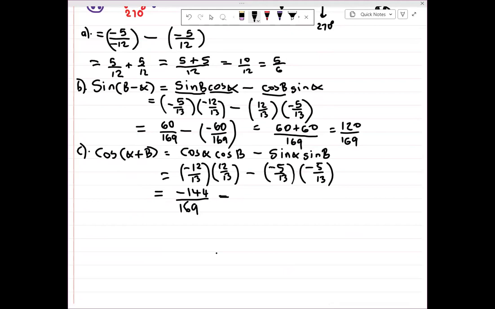Because negative and negative give me a positive, but that positive multiplied by that negative is a negative, which is 25 over 169. Then what does this give us? This is going to give us negative 1 in total. So your final answer is negative 1. Okay, perfect.